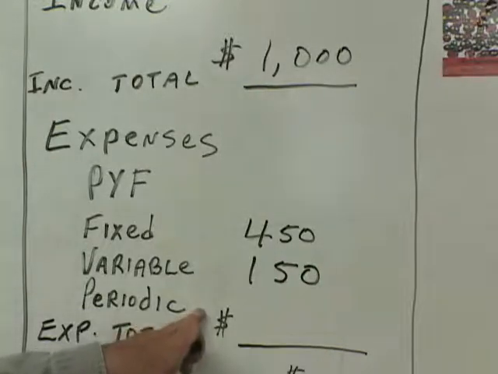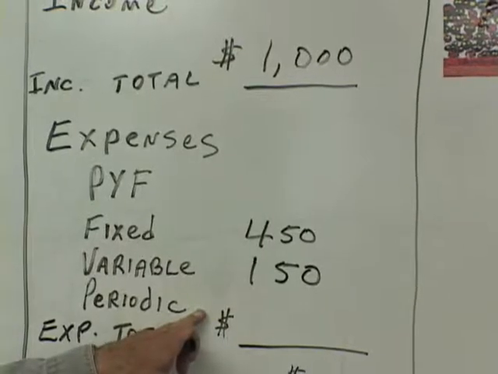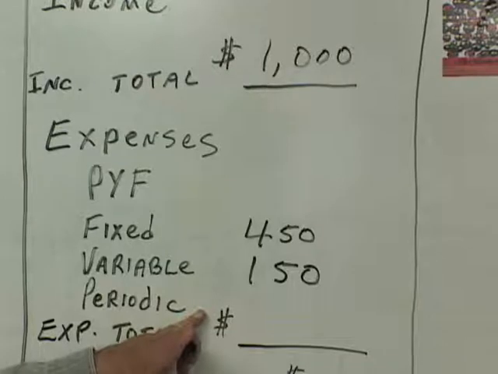Let's say you have periodic expenses of auto insurance, and every 3 months you get a bill for $300. That would mean your periodic expense would be $100 per month if you divide that out. So let's put $100 under your periodic expenses.